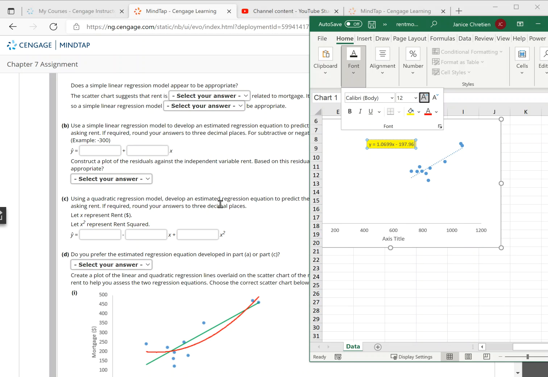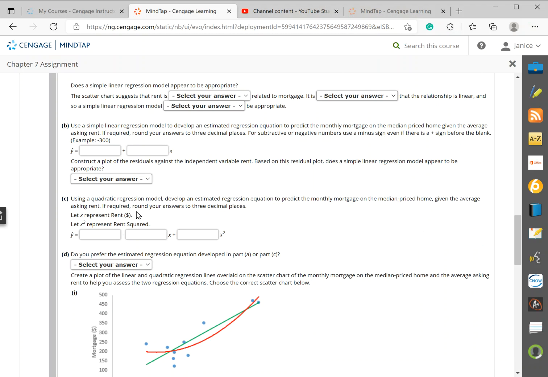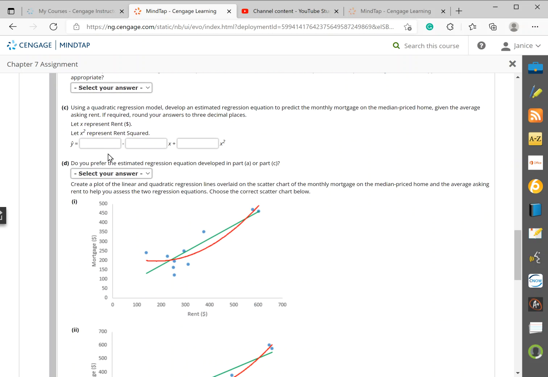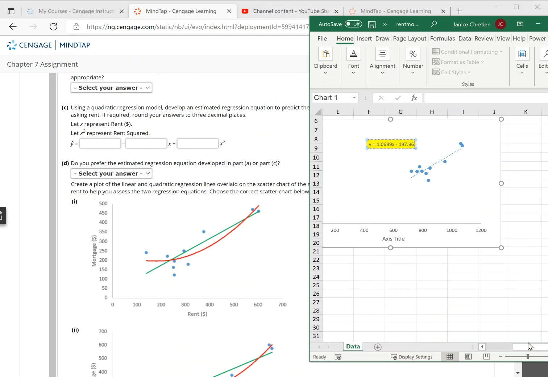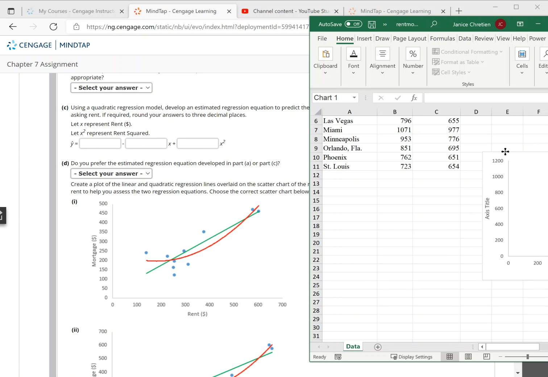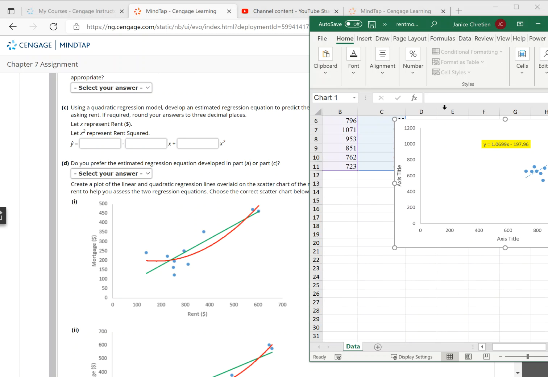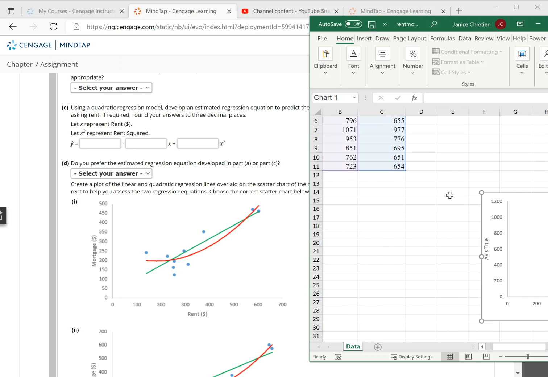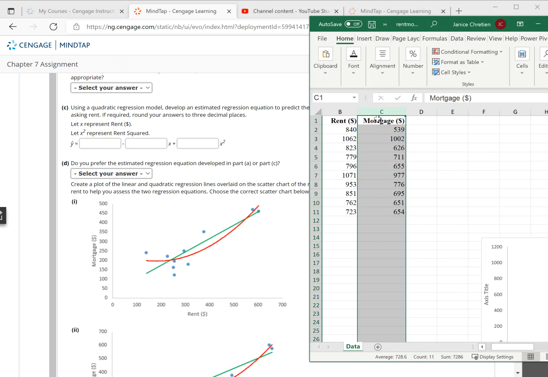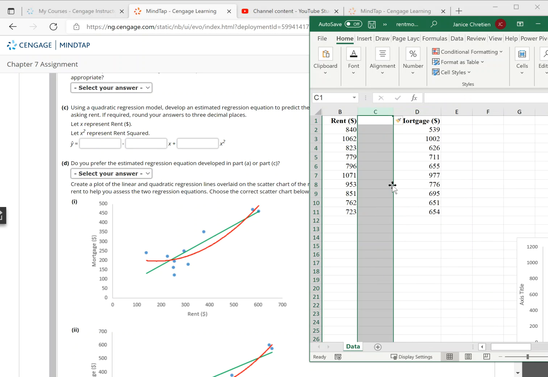Then it asks us to use a quadratic regression model where x is rent and x2 is rent squared. Okay. Well, that's where they're going to get sneaky on us. So let's move this over. We just want to move it over. We don't need that. So I'm going to add a column right here and call it rent squared.